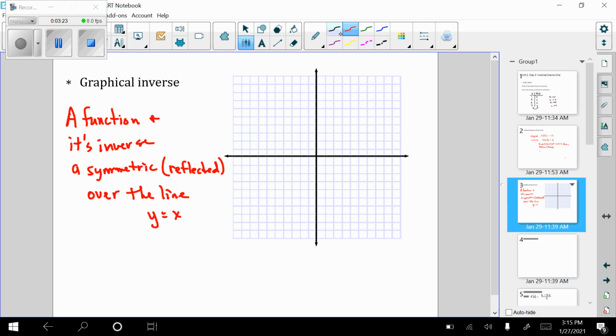Okay, so if I sketch my line y equals x here, so there's my line y equals x.